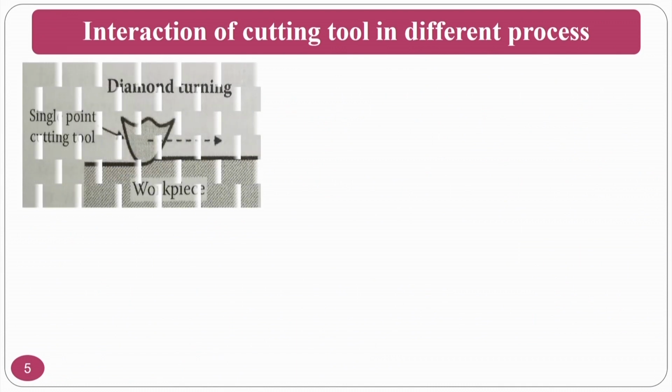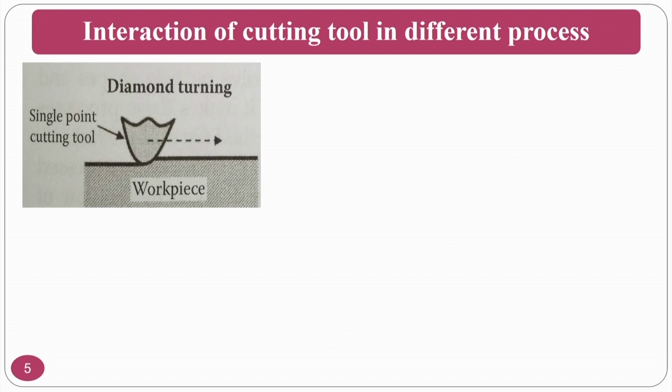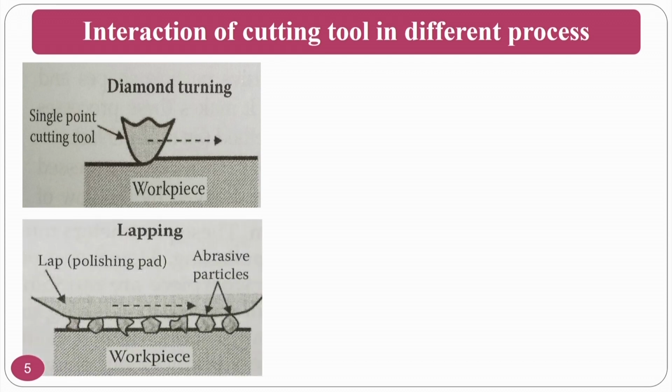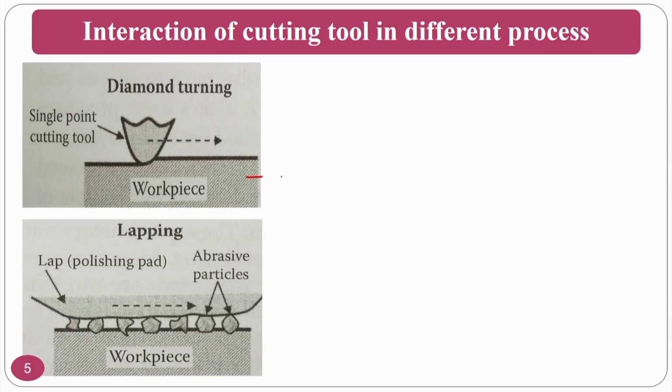Interaction of the cutting tool in different processes: how the cutting tool will interact. You can generate mirror surfaces using the diamond turning process, as well as by the lapping process. The problem with these two techniques, what is the drawback of this one?